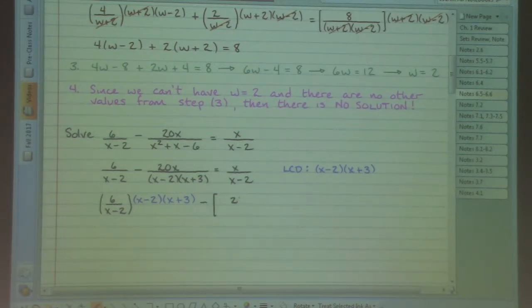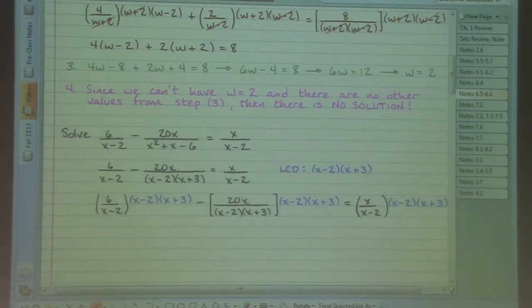Multiply each fraction by that LCD. So, get out the red pen so we can start marking things up.